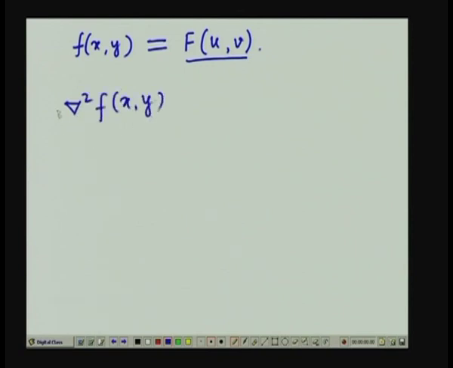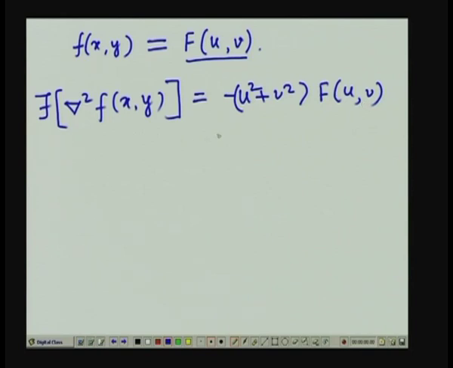It is simply because if for a function f(x,y), I get the corresponding Fourier transform F(u,v), then if I perform the Laplacian operator del square f(x,y) and take the Fourier transform of this, it can be shown that it will be equal to minus (u square plus v square) into F(u,v).